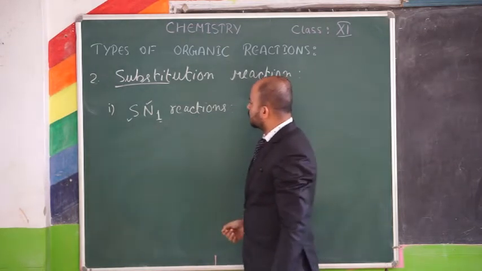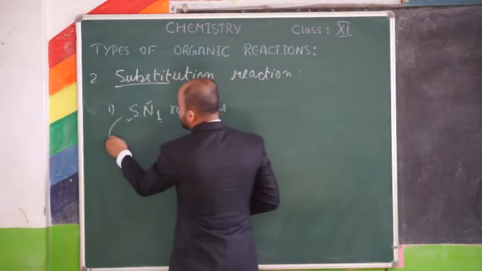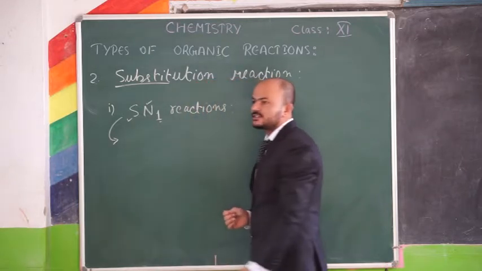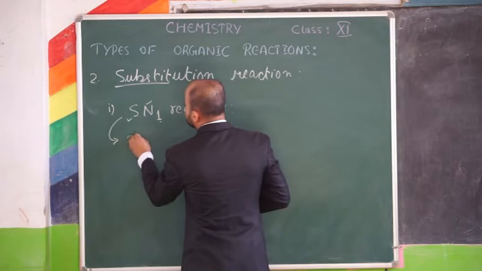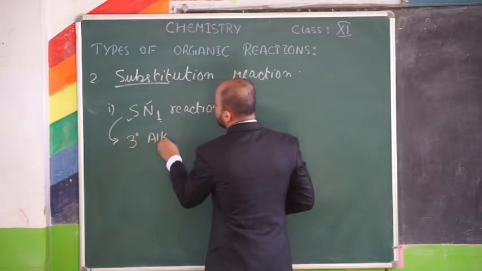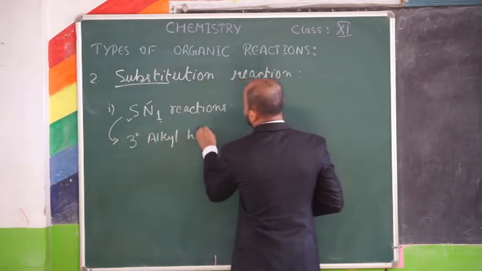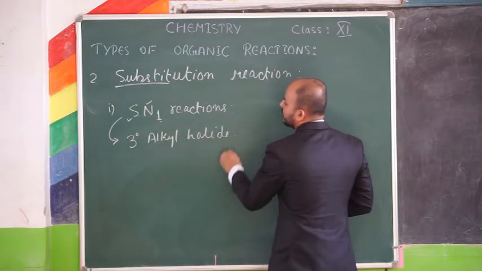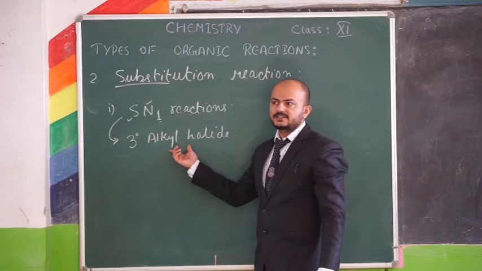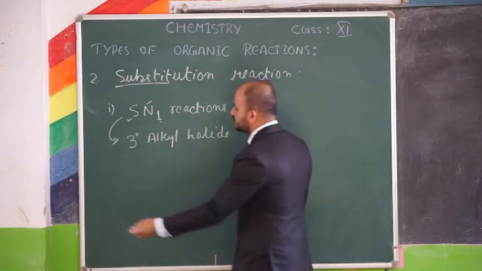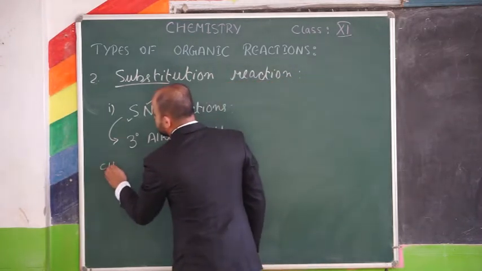This SN1 type of reaction is given by tertiary alkyl halide, that is third degree alkyl halide. There are two steps in which this reaction takes place. So let me write the tertiary alkyl halide first.